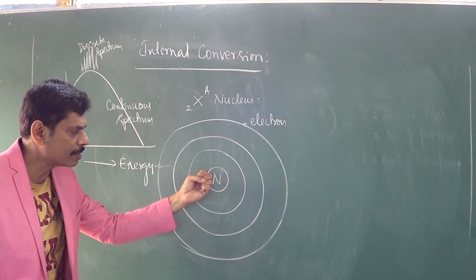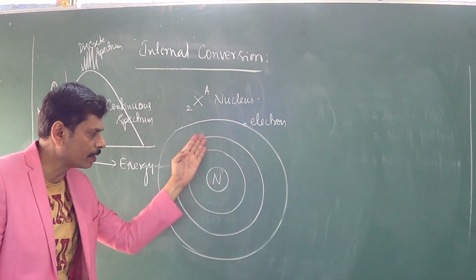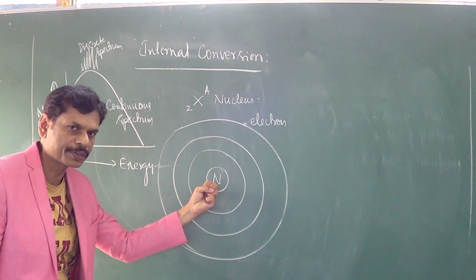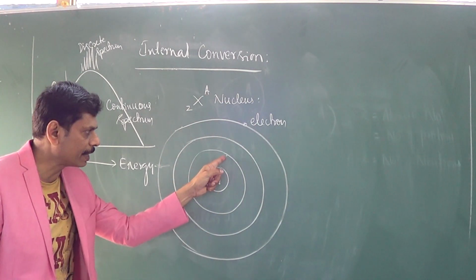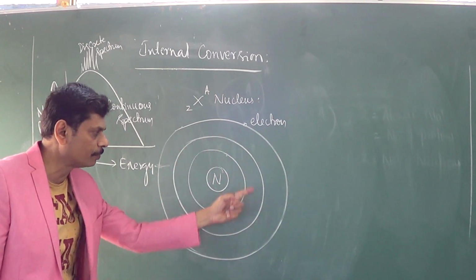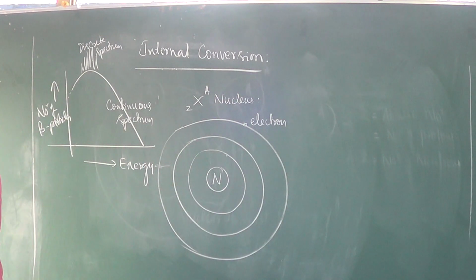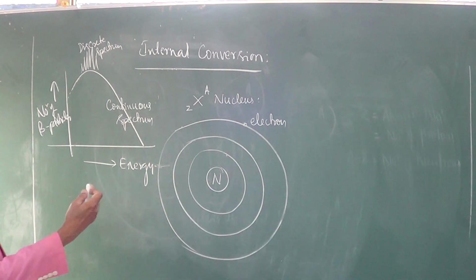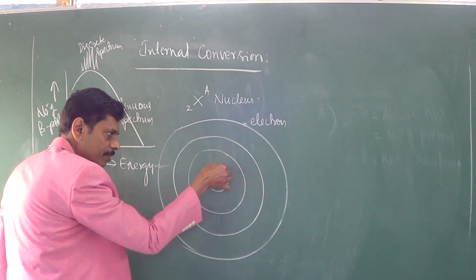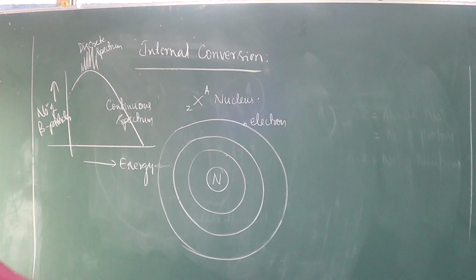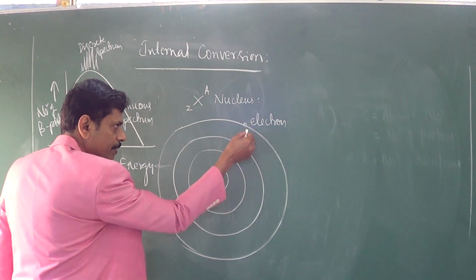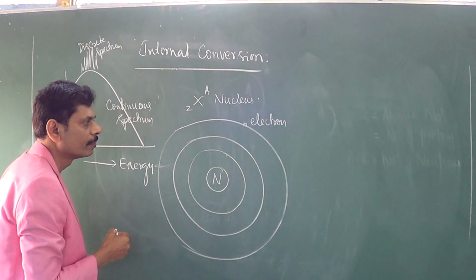In lower classes we discussed why the electron revolves around the nucleus in a circular path: because of the electrostatic force of attraction towards the nucleus, which provides the centripetal force, mv square by r equal to 1 by 4 pi epsilon naught Ze into e by r square. Electrons are present in every orbit here.